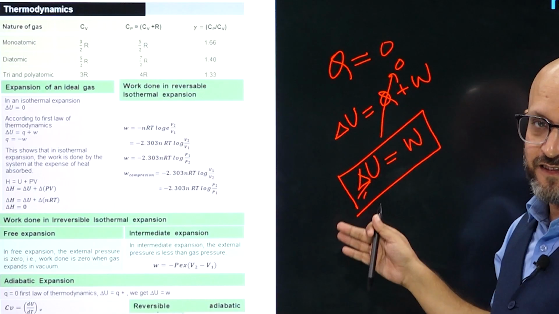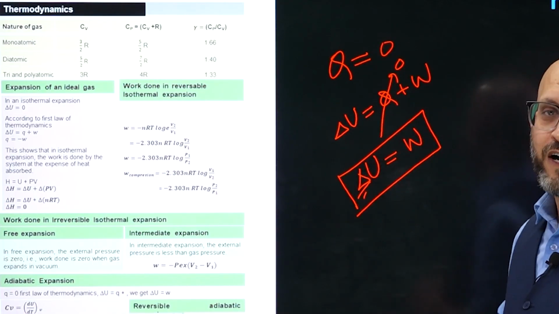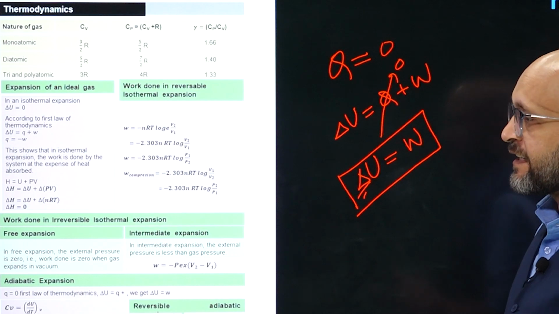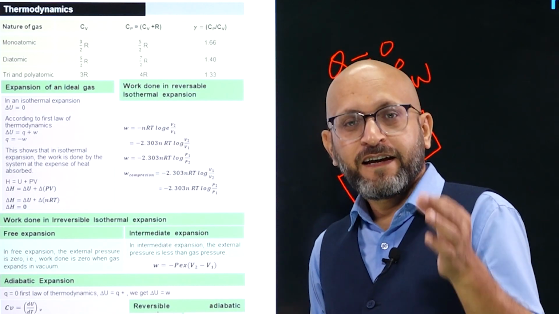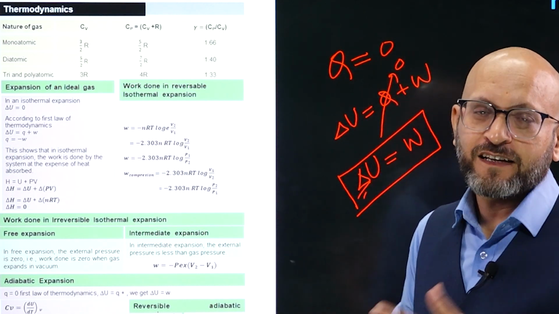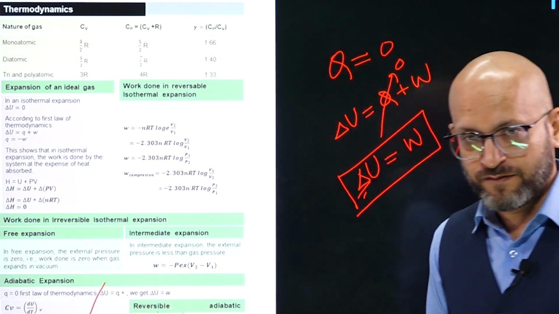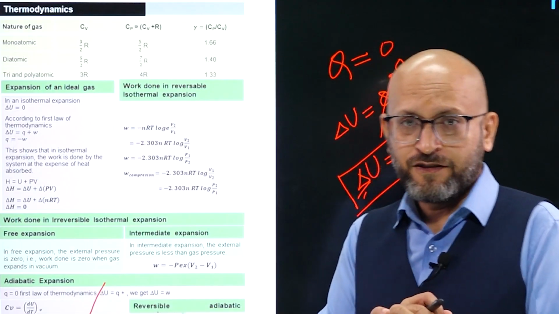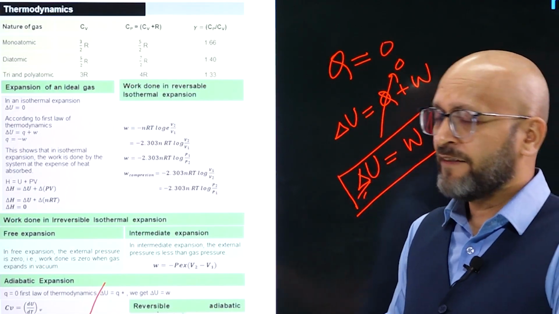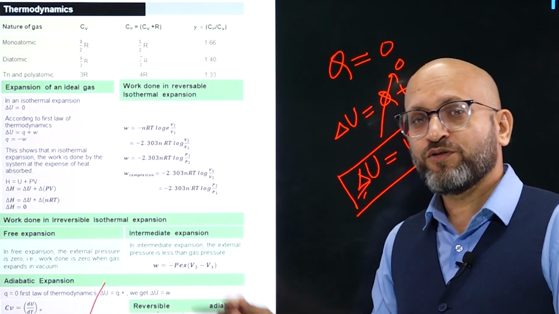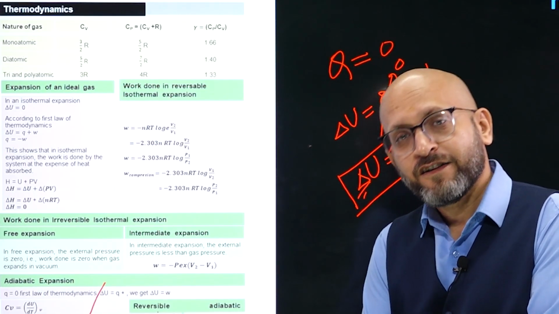Whatever change in internal energy happens equals the work done. So in adiabatic expansion, cooling occurs. In adiabatic compression, heating occurs. Alright. So these are a few things we needed to discuss here, and we have a few more relations which you will be using for adiabatic numericals.